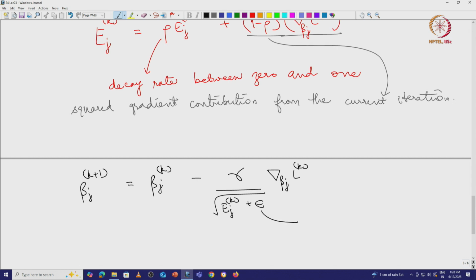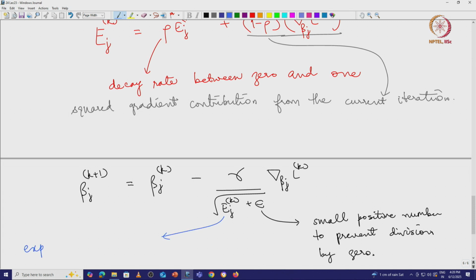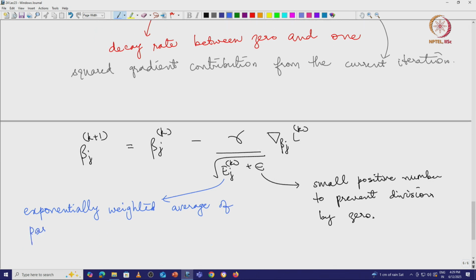This epsilon is again a small positive number to prevent division by 0. And this is the exponentially weighted average of past squared gradients.